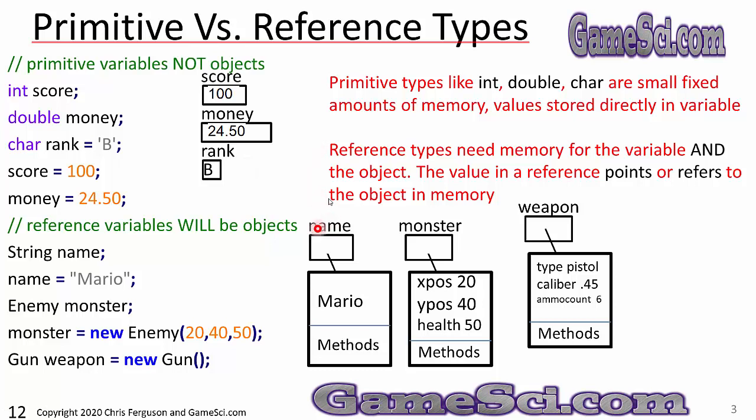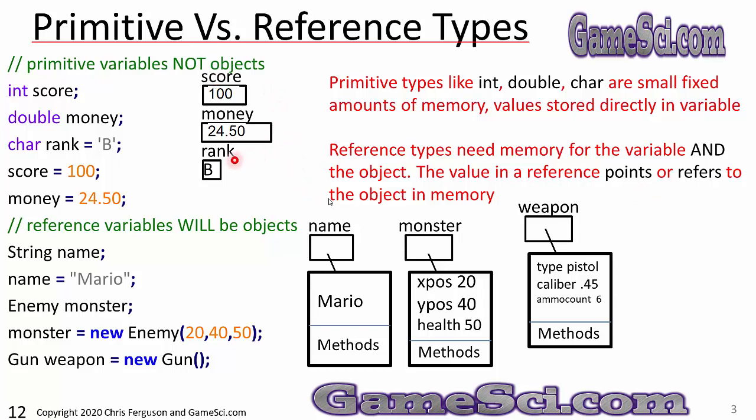Reference types, name, monster, and a weapon, these are reference variables. They need memory for the variable, this memory right here, and they need memory for the objects, this memory right here. The value in the reference points or refers to the object in computer memory.